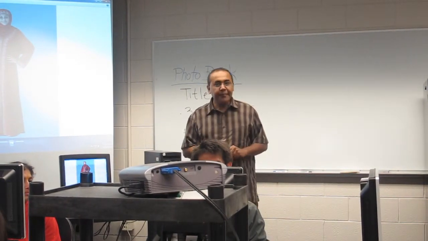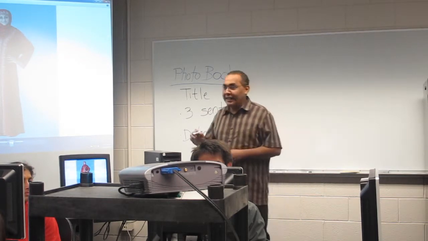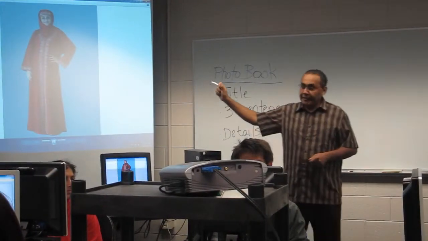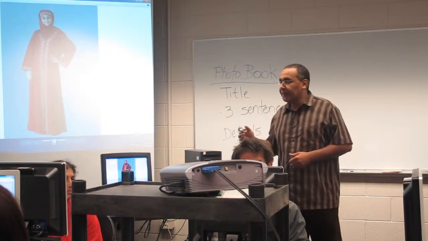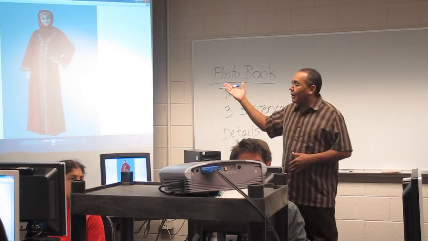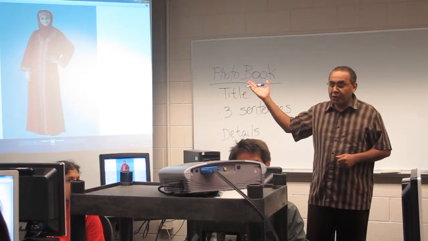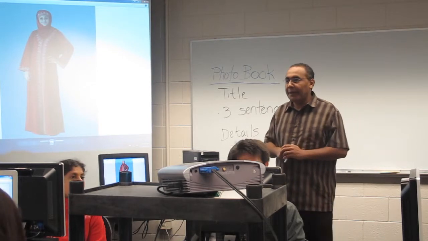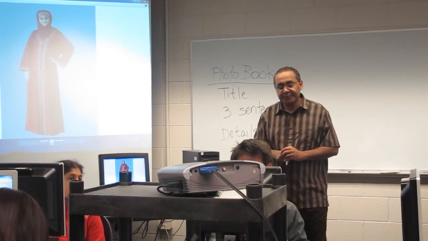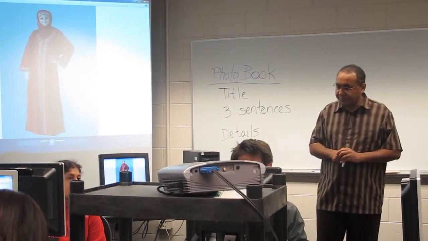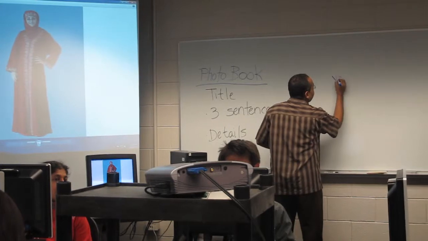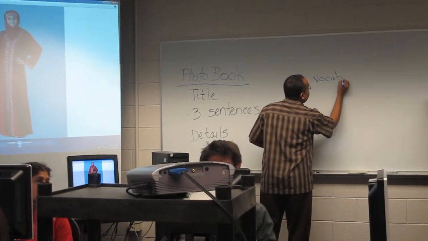For example, Yang and Yen took a photo about Afghan clothing. So think about it. We can start with vocabulary to introduce the names of different things in the photos.